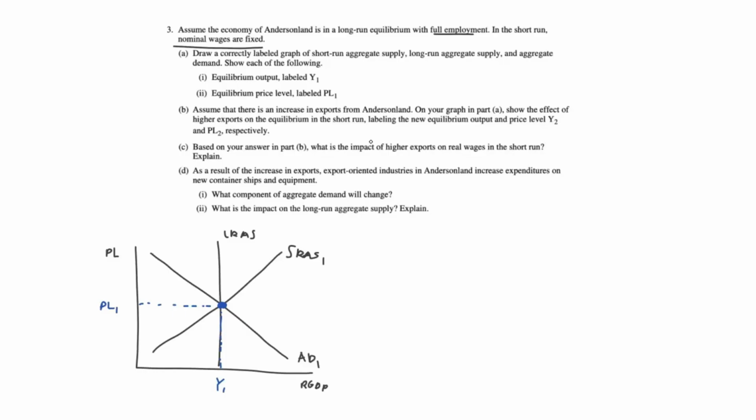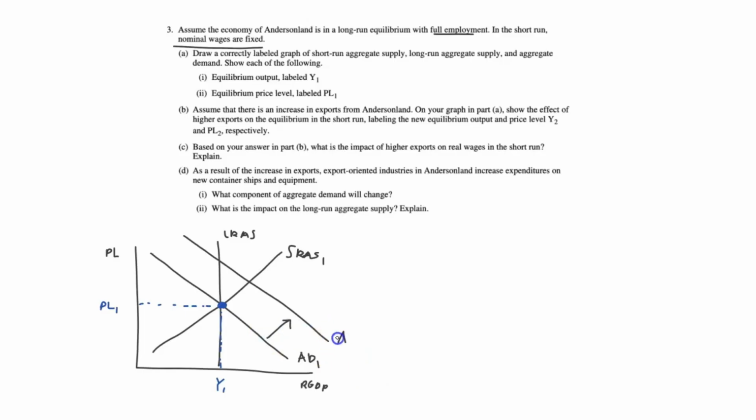So if there's an increase in exports, well, that definitely increases your net exports, and therefore the exports are good, right, where Anderson land is pumping out products and giving it to other countries, and so that is going to increase our aggregate demand. So it is going to shift to the right.